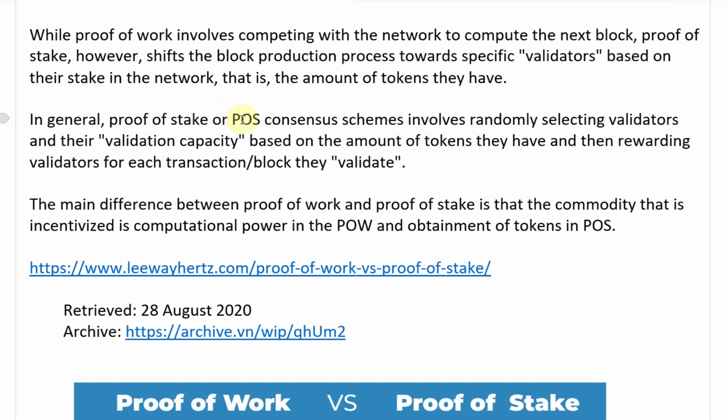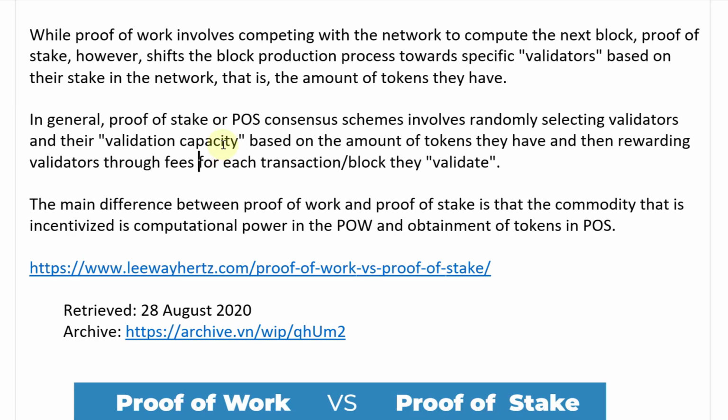So in general, proof of stake, or POS, consensus schemes involve randomly selecting validators and their, quote, validation capacity based on the amount of tokens they have, and then rewarding validators for each transaction block they, quote, validate. And I'll just put it right here: rewarding through network fees.